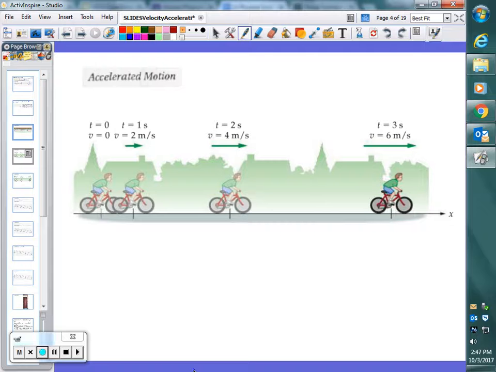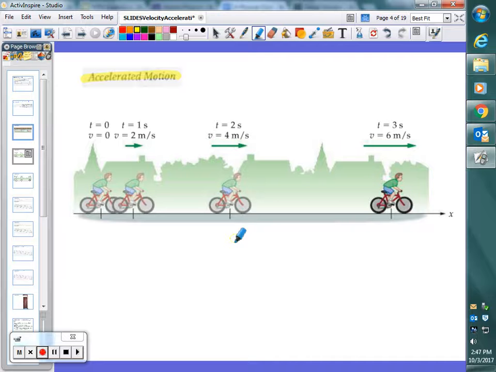He's speeding up. His velocity is increasing. All right? Now, let's start getting a little bit more analytical, making sure we understand things. If this object is speeding up, that means that it is accelerated motion.